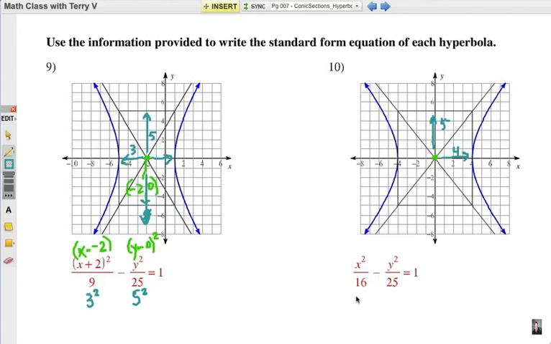All right, so you're going to have your 4 squared and your 5 squared. Again, the rectangle is defined here. That's the cushion, and the asymptotes are drawn, and there you go. So that's the equation of that hyperbola. Fairly simple, and I hope this has helped you review the concepts.